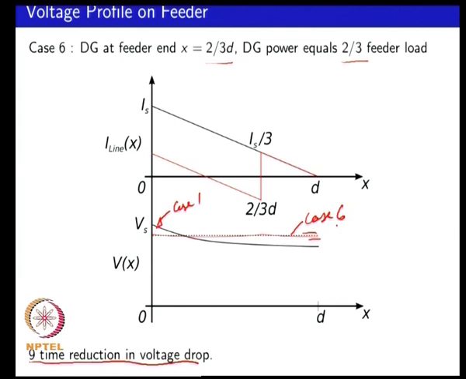Then the ideal situation would be where every facility on your feeder has a DG, where whatever power is being consumed by the load at that particular location is being sourced from the DG, which means that essentially your voltage all along the feeder would be totally flat, you are not drawing any power, which means that the losses along the feeder would be eliminated. And we will also look at what the loss comparison would be for case 1 and case 6. Okay, what would be the distribution losses.